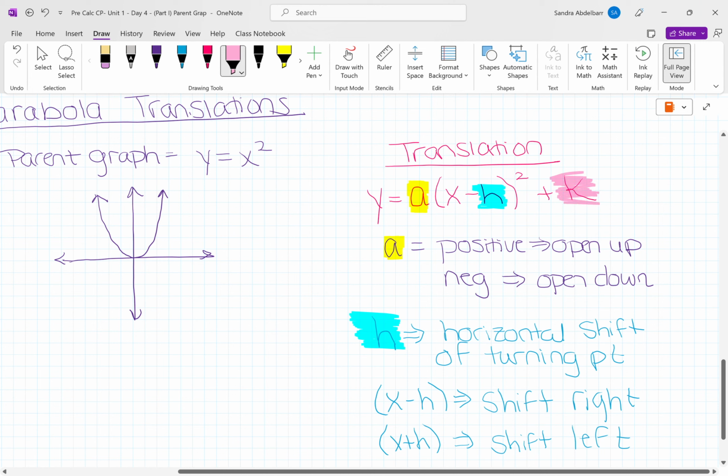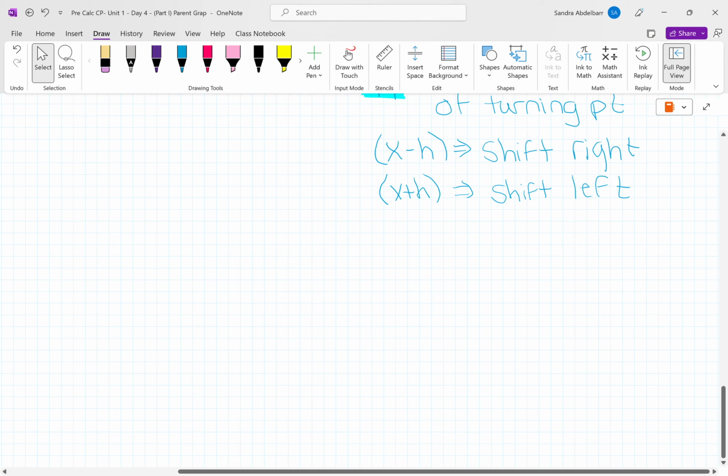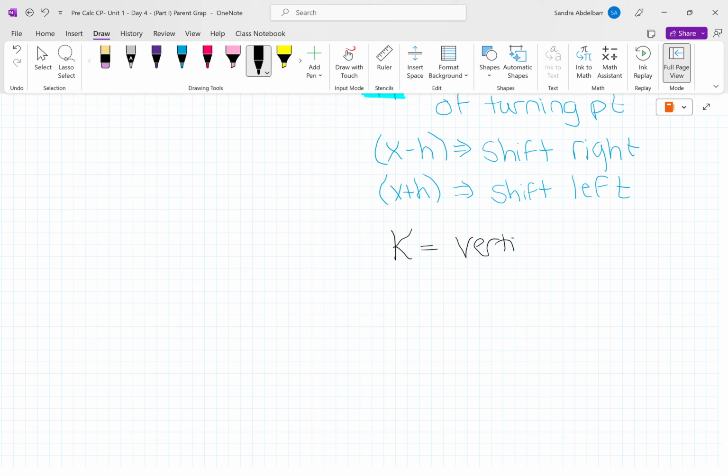All right, and the next one, k. So k is going to represent the vertical shift of the turning point.